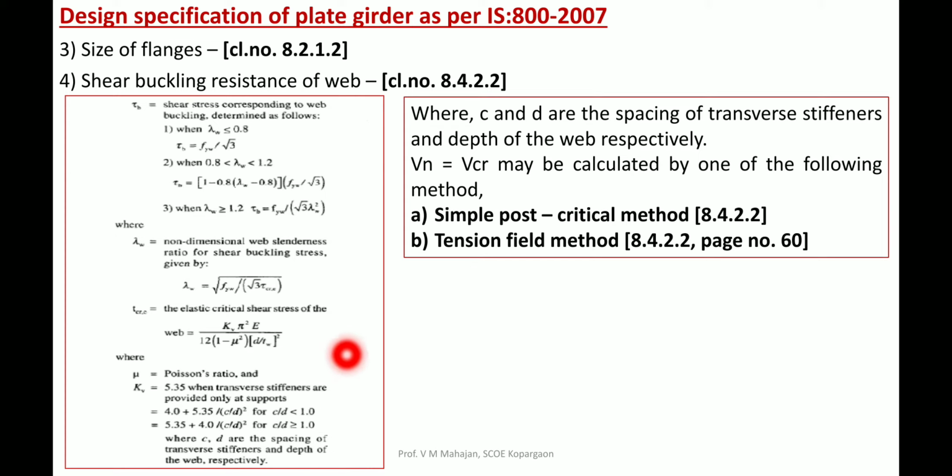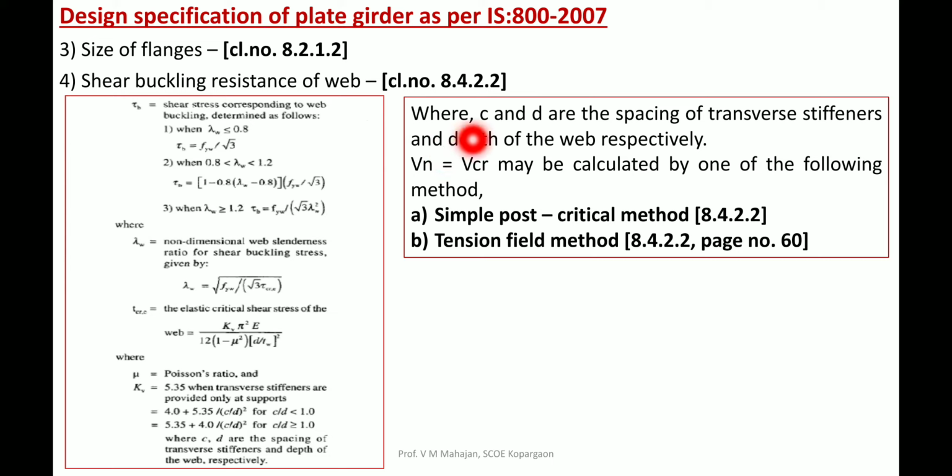5.35 divided by (c by d) whole square, if the c by d ratio is less than 1, where we are going to provide the transverse stiffener. It is 5.35 plus 4 divided by (c by d) whole square for a c by d ratio greater than or equal to 1, where c and d are the spacing of transverse stiffeners and depth of web respectively.